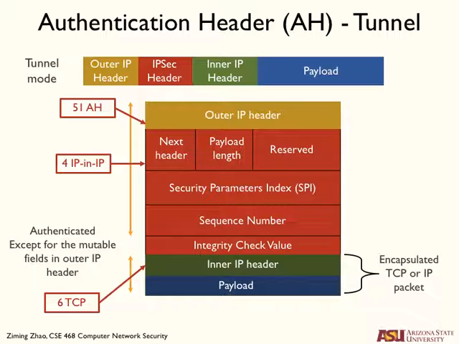And obviously, in this outer IP header, we also have this protocol field, and that field should also be filled as 51 because we are using authentication header protocol. Then in this original IP header, we also have that protocol field, and that one will have number 6, TCP, because the payload is TCP.